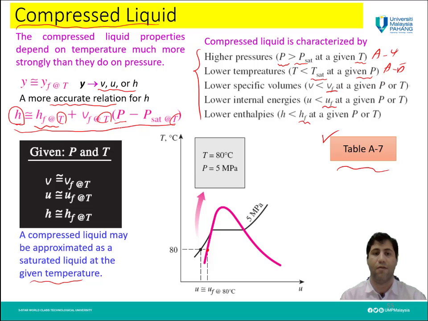This method is an approximation. We can assume that instead of compressed liquid, we have saturated liquid at that temperature, and simply we have VF, UF, or HF for that state.